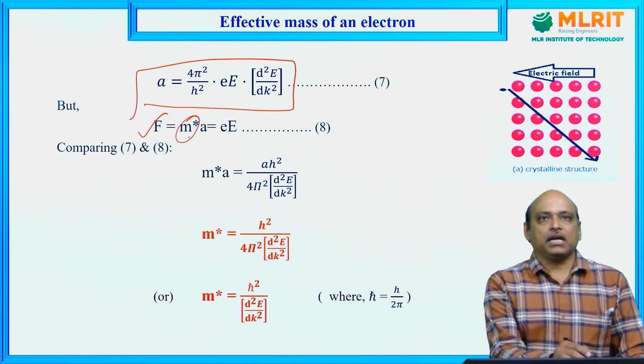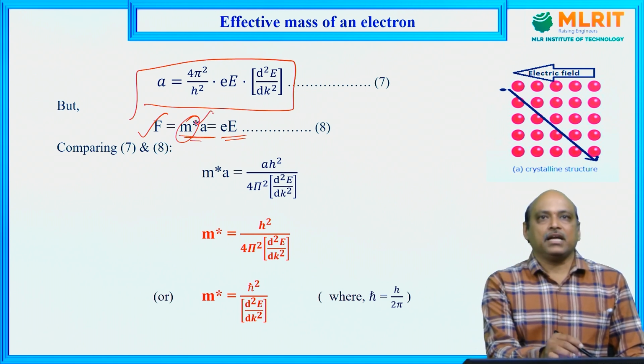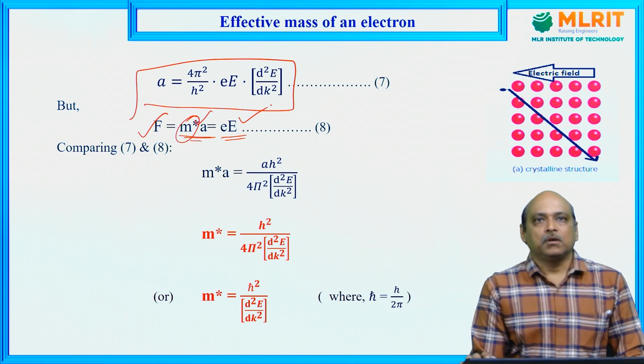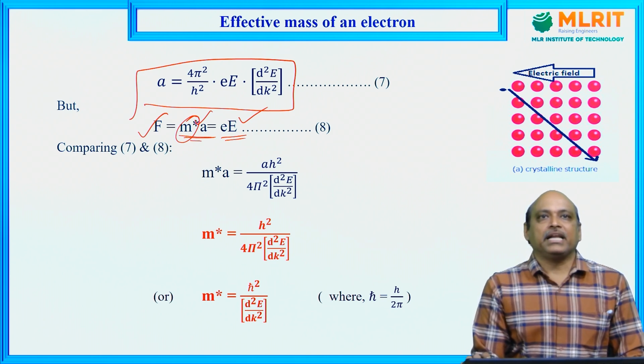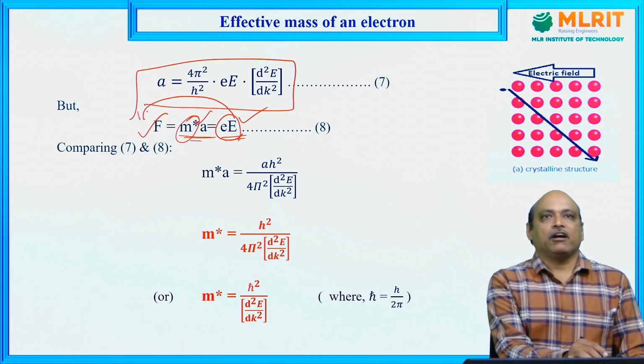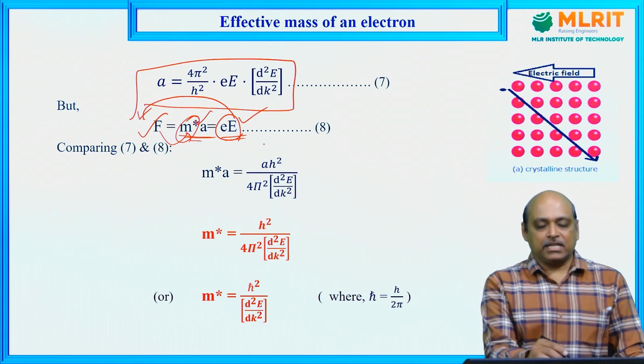F = ma is equivalent to the charge into the applied electric field; both are F values only. m* a is equivalent to charge into applied electric field. For a charged particle, when you apply an electric field, definitely it will experience a force. That force F is nothing but mass into acceleration. That's why we have written this.